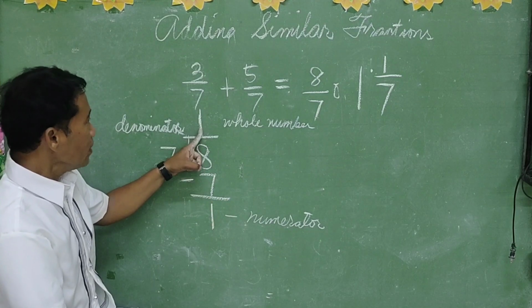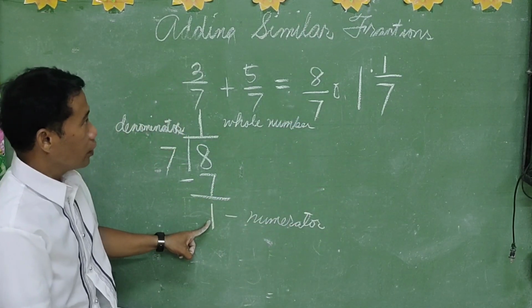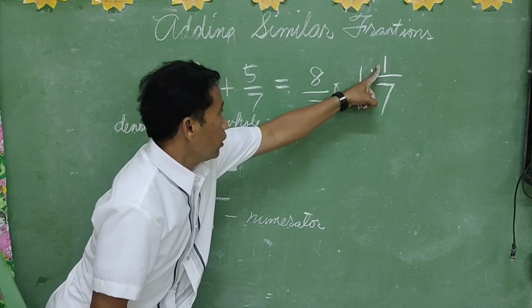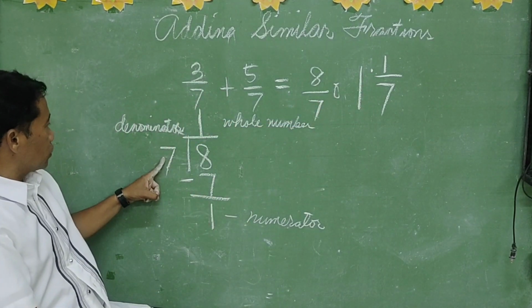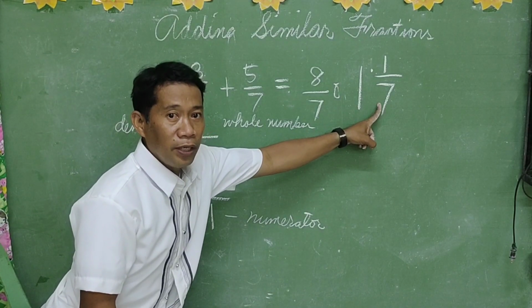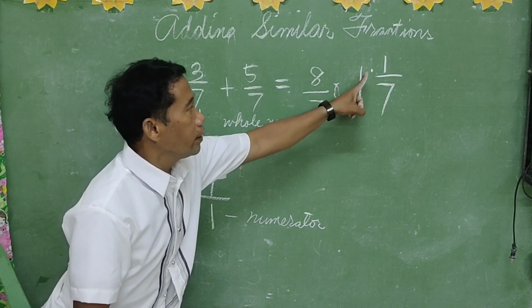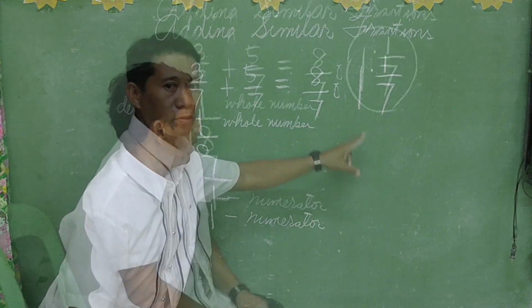Again, 1 here is your whole number, your remainder is your numerator, and the divisor you are going to use as your denominator. So 8 sevenths or 1 and 1/7.